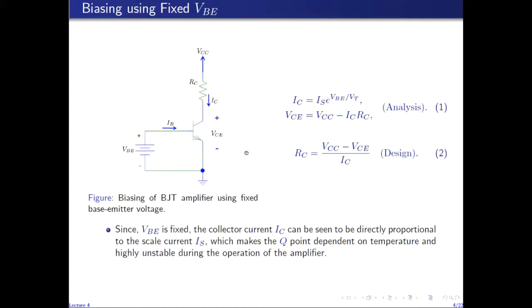So the bias point is highly unstable in this case. And furthermore, the bias point is also subject to manufacturing variations because IS can vary across transistors, even if they come from the same manufacturing process.